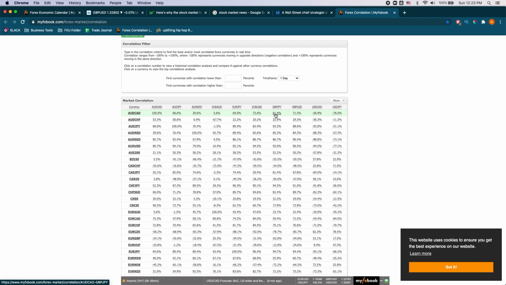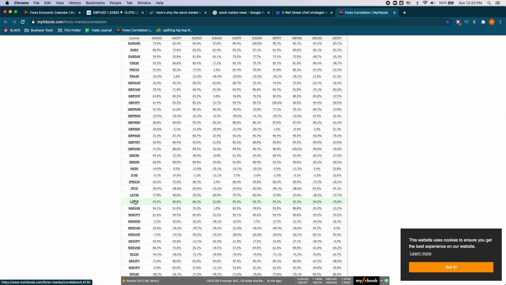So if you have two GBP pairs or two USD pairs and they're 60 to 70, 80, 90% correlated, then if you make a bet, let's say you long a USD CAD and then you long something that is very correlated to that pair.